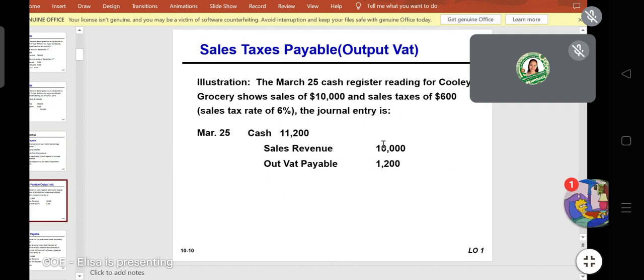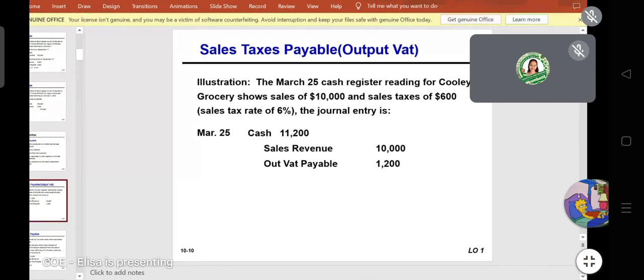The way to compute that, assuming we paid 12,000, is to divide it by 1.12. Anybody can compute: what if 15,000 was paid, how much sales revenue will the seller recognize?